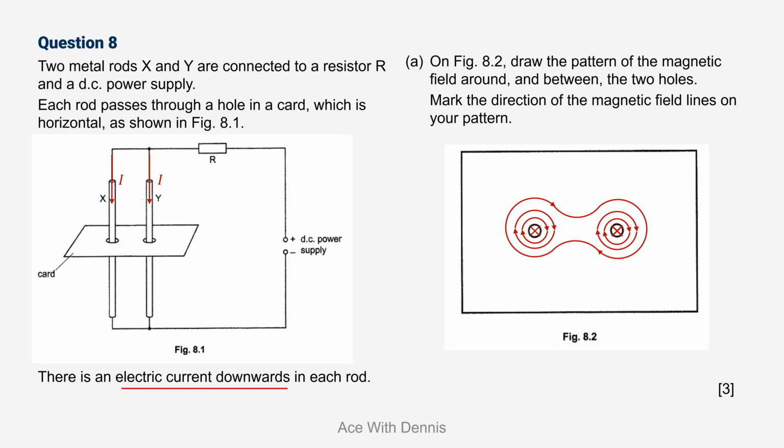Another layer is very similar to the third layer, but this layer is further away from the two holes, hence the magnetic field lines are weaker. Do indicate in your drawing that when the magnetic field lines are further away from the two metal rods, the field is weaker as the distance is greater.